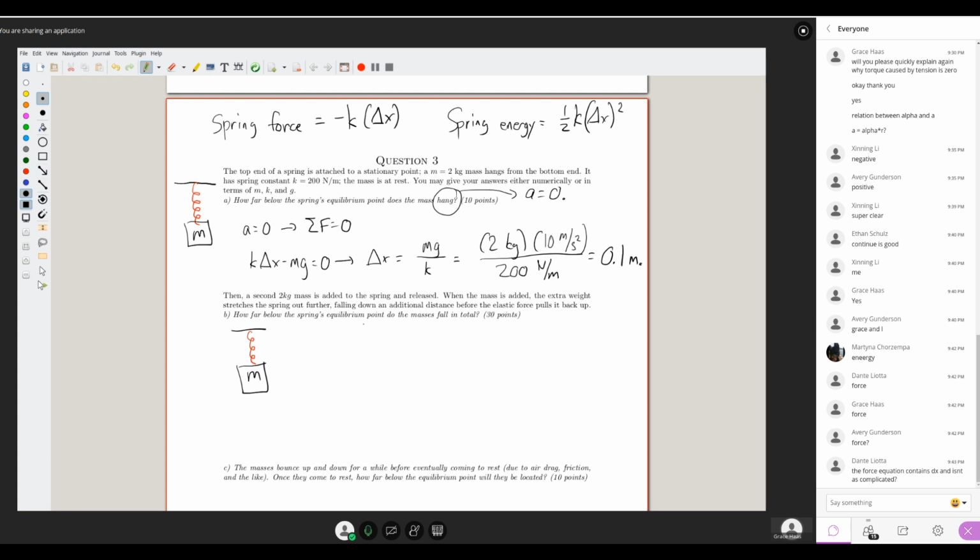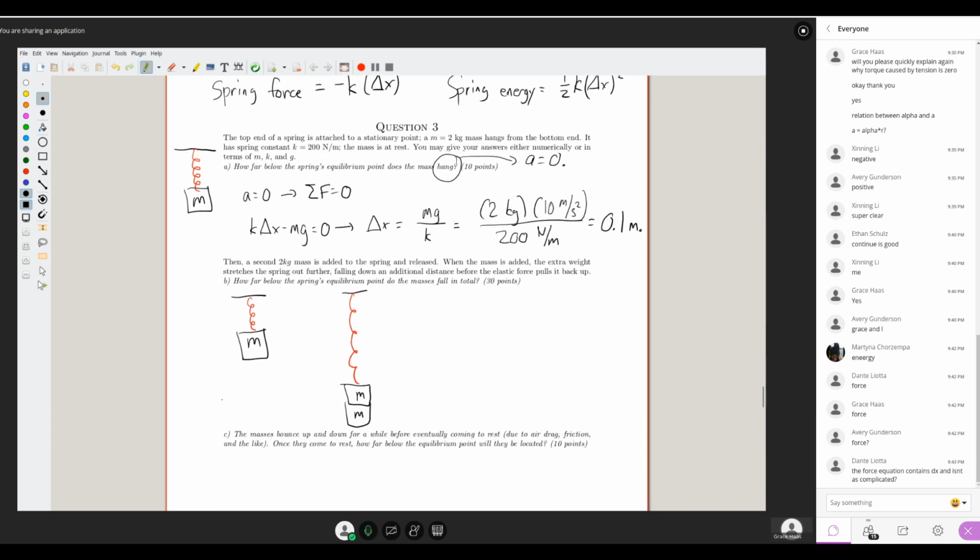And then now we add another mass, and that makes it go down. And there's a hint for this in part C, that here the masses are bouncing up and down for a while.